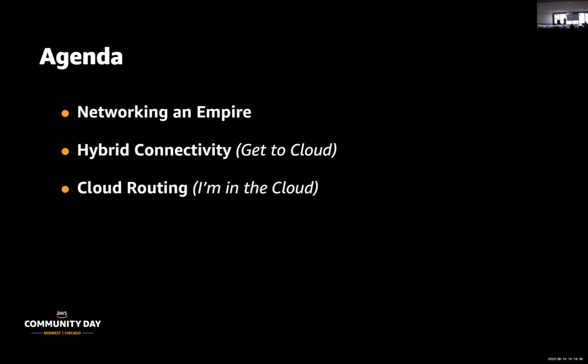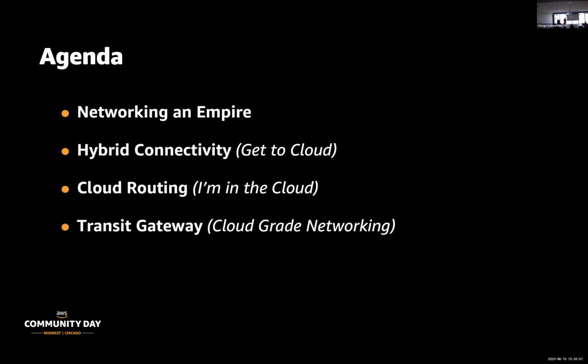And then the next half is routing in the cloud. At the end of the day, TCP/IP, BGP, a lot of the things underneath all this stuff are all the same. But in the cloud, networking works differently. There are some limitations you have that you don't have on premises, and some benefits that make your job a lot easier. So we'll look at networking in the cloud. And then we will conclude with Transit Gateway.